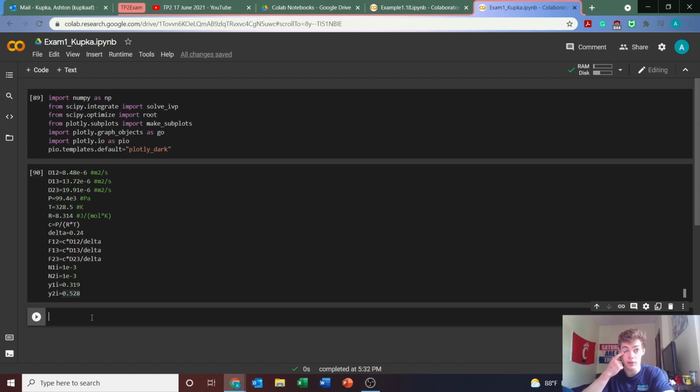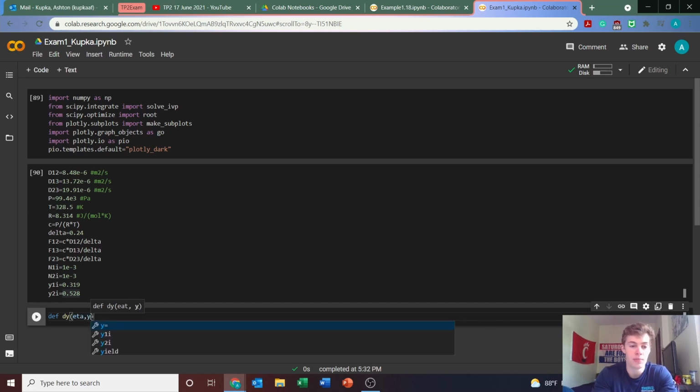So now we're going to start by writing the code in order to solve for the correct values. And so first we're going to start by defining our function, which we're going to call dy, with our independent variable being eta and our dependent being y.